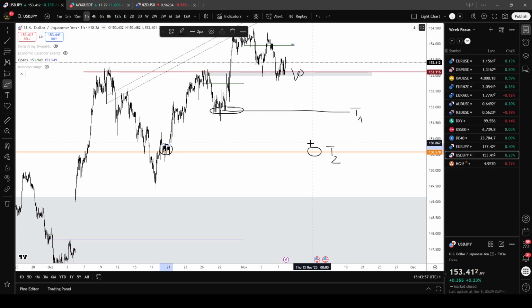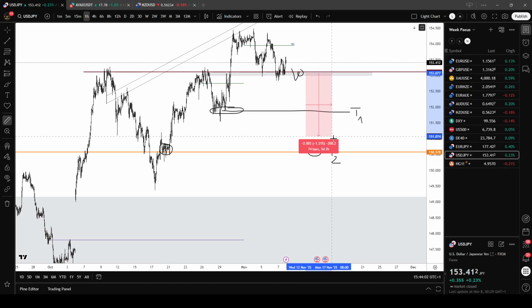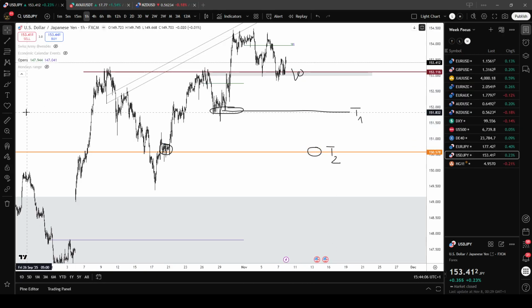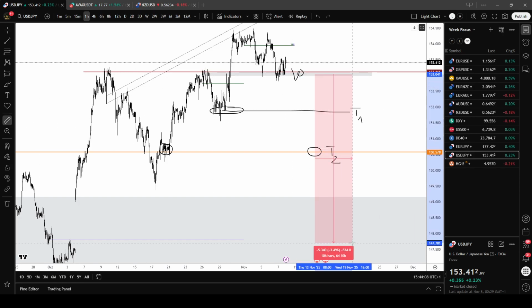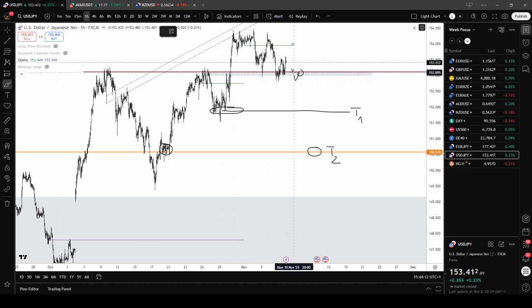So this is a massive move already. This is 250 pips, which can happen in a week, but you're not going to have a week of 500 pips. So this is why I would take profit in these zones, especially because this one is going to offer a bounce 100%.